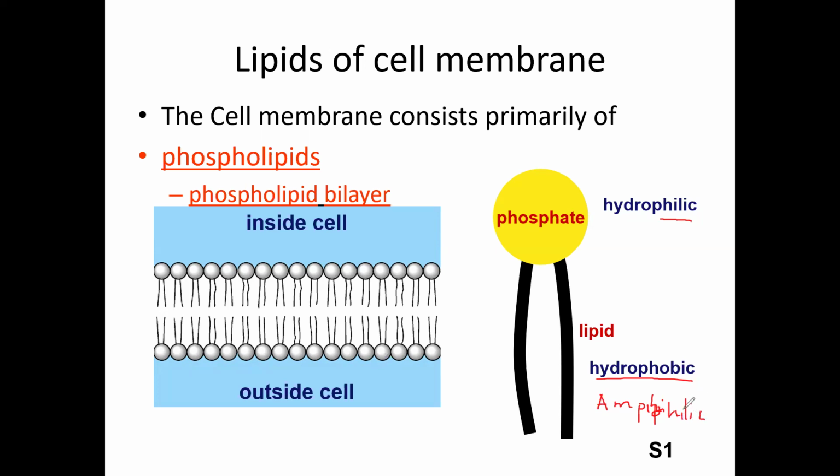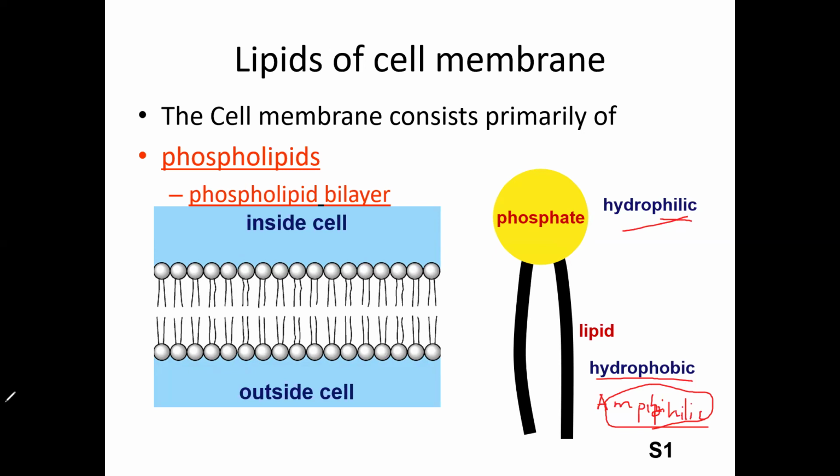Amphiphilic lipids are lipids that have both a hydrophobic part and a hydrophilic head. It means some part of it will interact with water, while some part of it will not. Most of the lipids found in the cell membrane are amphiphilic in nature.